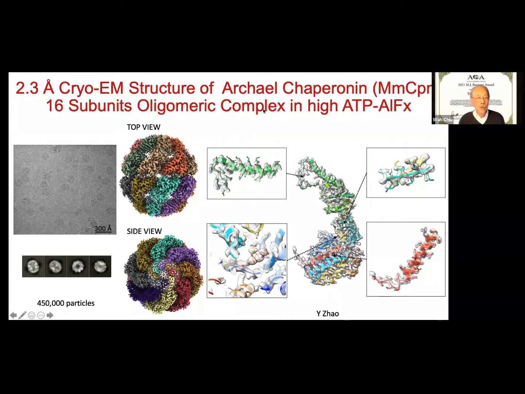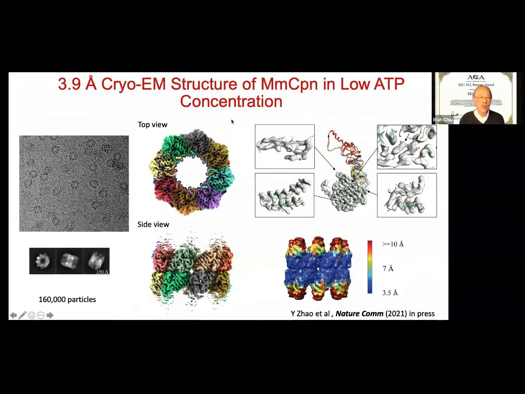In order to examine how this structure may look different at a lower concentration of ATP, we turned to the next biochemical experiment by adding much lesser amounts of ATP to the MM-cpn. In that structure, we can't get to 2.3 angstroms; we get around 4 angstrom resolution.